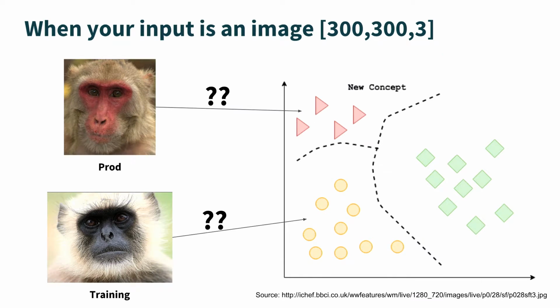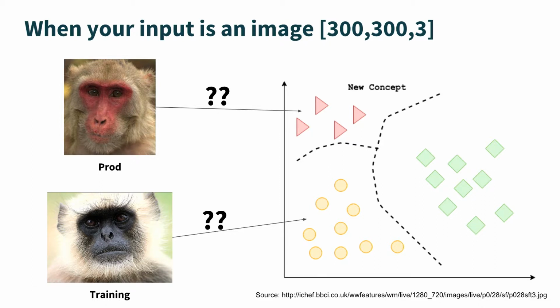Then the next challenge. If we imagine we have trained an image classification model on monkeys with black faces, what would happen with our system if in production we all of a sudden start receiving monkeys with red faces?